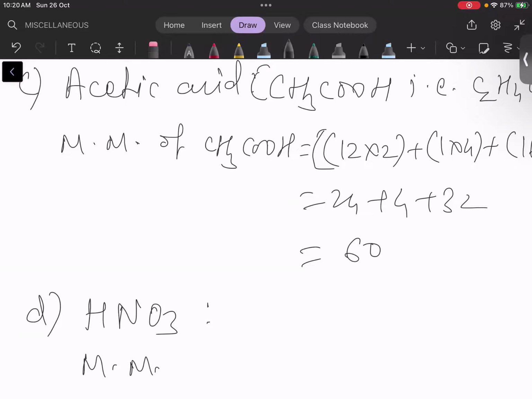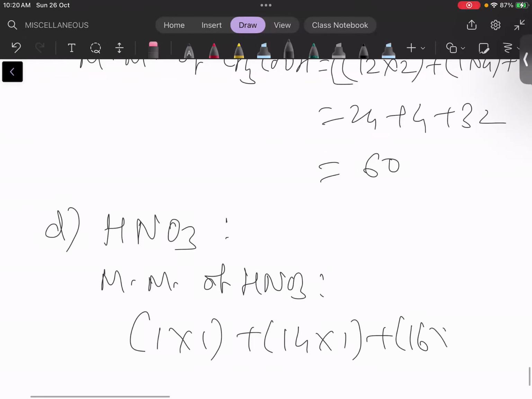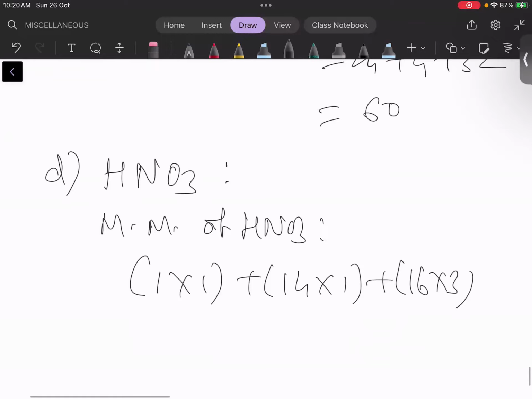So, molar mass of HNO3, that is 1 into 1 plus nitrogen 14 into 1 plus 16 into 3. So, that is equal to 1 plus 14 plus 48. So 48 plus 15, nothing but 63.